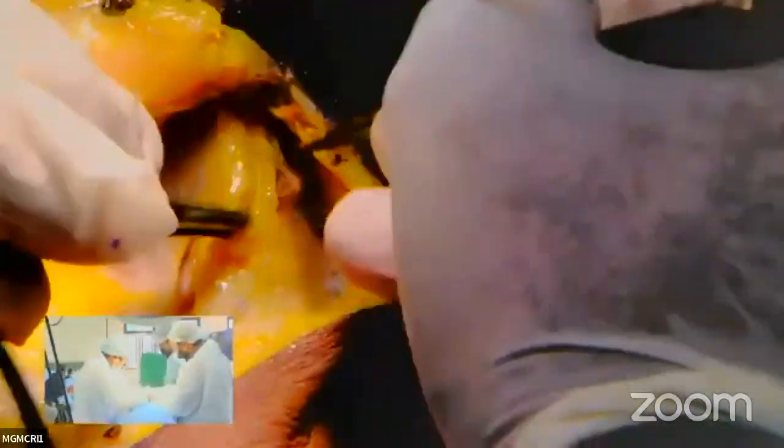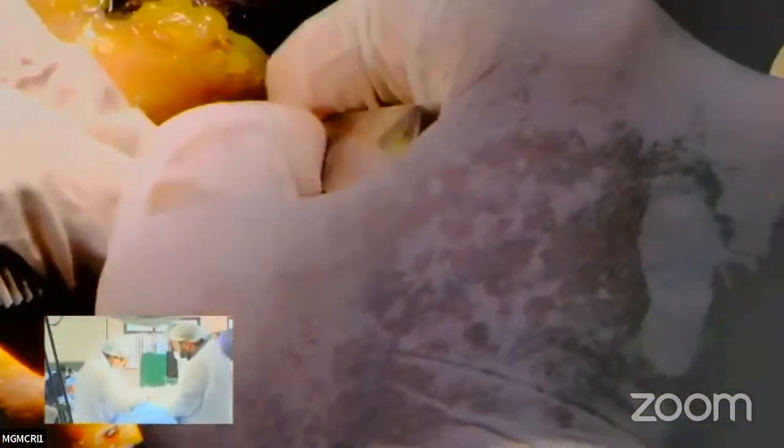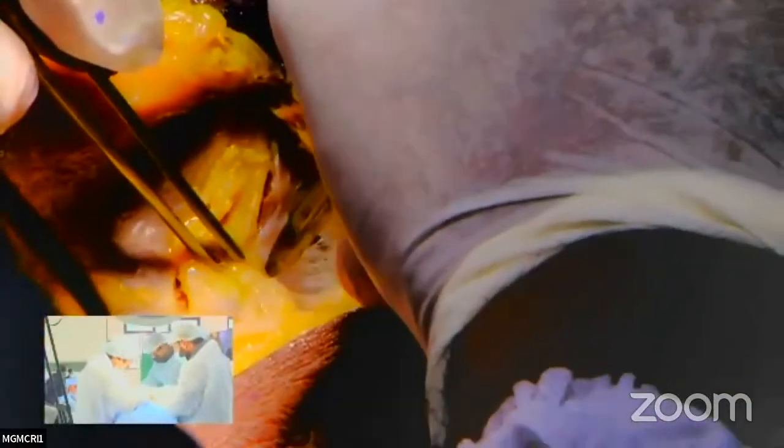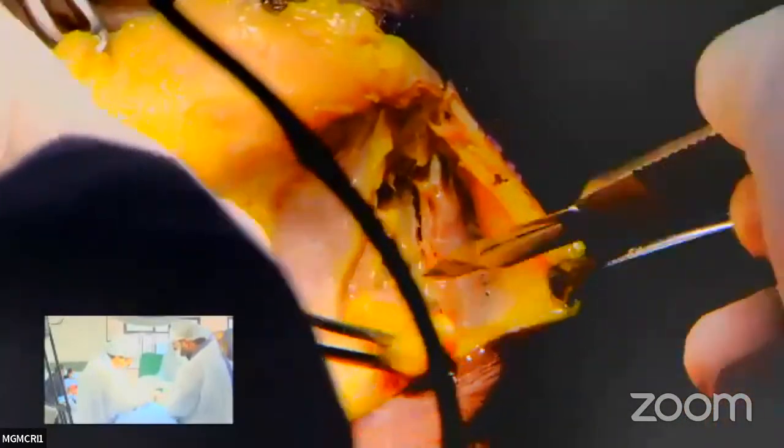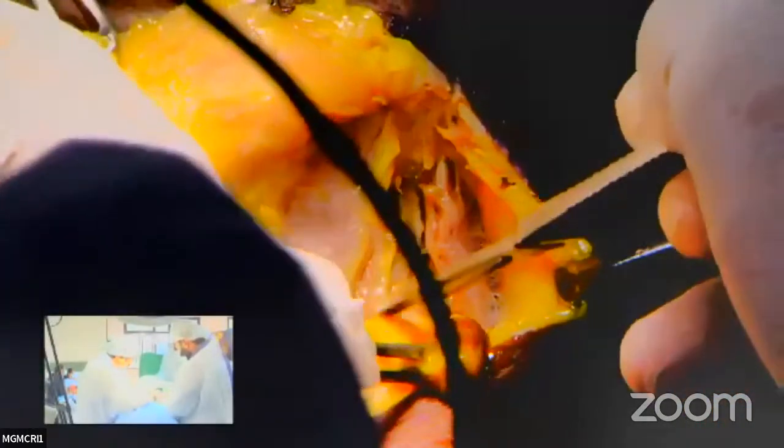This is fibrofatty tissue in the level 1A, and level 1A nodes will be removed along with it. We usually do it with a cautery. So now you see the mylohyoid muscle below. The only other important structure which comes in level 1A is at the inferior end, you will get the terminal branches of the anterior jugular vein.